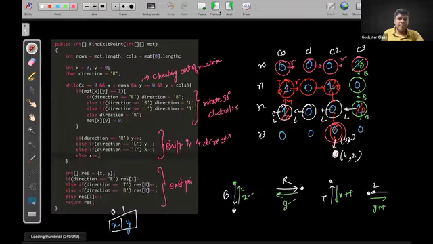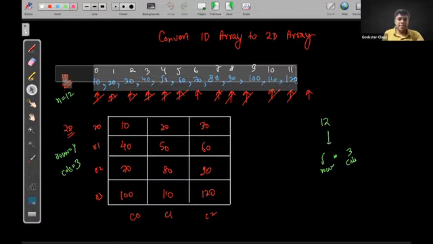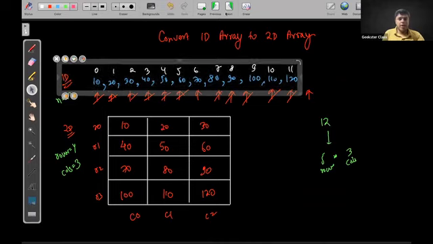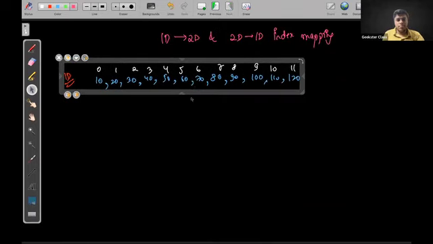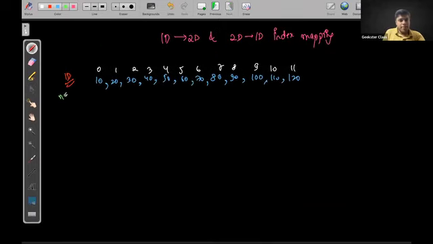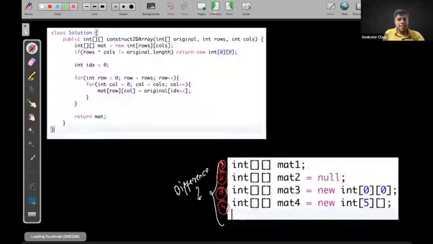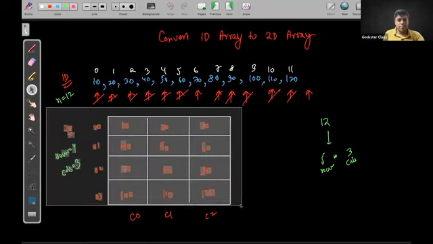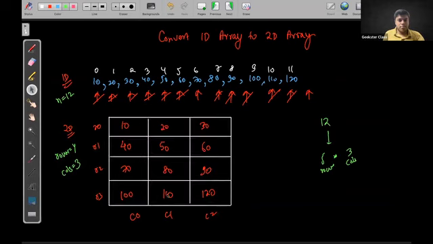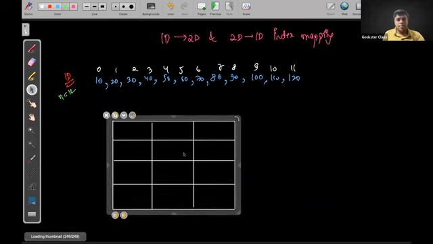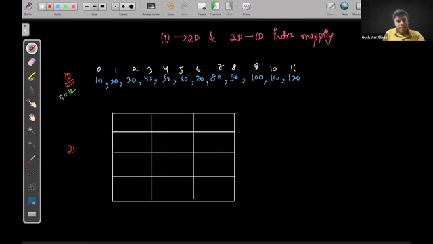So if I take the same dimensions, this is the 1D array of 12 size. N is 12. And this is the 2D array of number of rows as 4 and number of columns as 3.